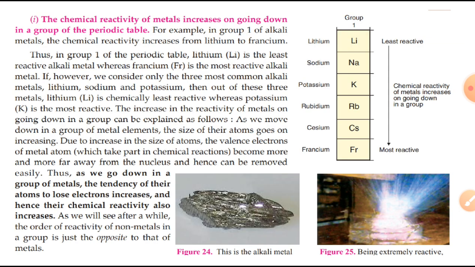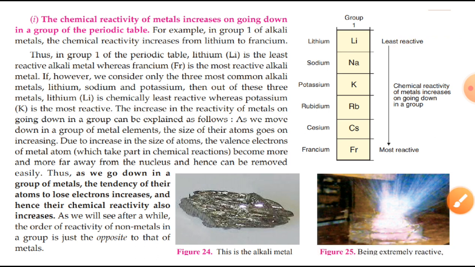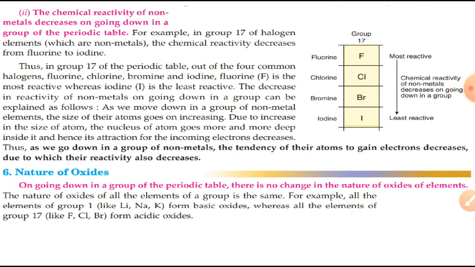As we have said clearly, lithium is least reactive and francium is most reactive, just because it's very easy for this metal to lose its electron. So chemical reactivity increases going down the group for metals, and for non-metals, obviously it decreases.